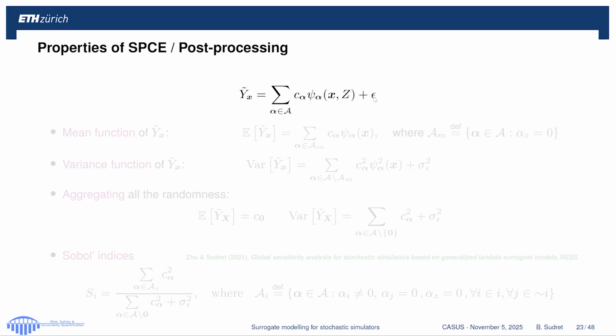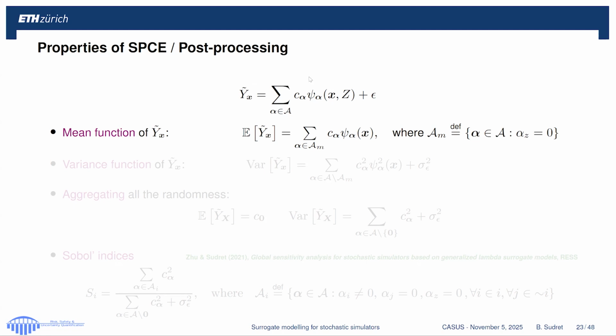Before I show you how we can compute those coefficients, the nice thing with polynomial chaos expansion, if you know it, you will recognize; if you don't, I will try to give you the best of it. If for a second you forget the z and the epsilon, so the standard C alpha, psi alpha of x, the standard expansion for deterministic surrogates, this is quite popular and quite powerful because we choose orthogonal polynomials, meaning that the moments and many statistical characteristics of the response are contained in the coefficients.